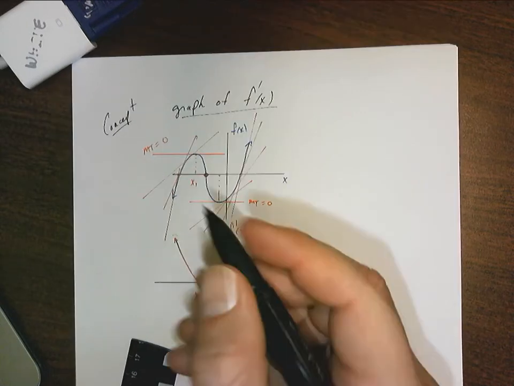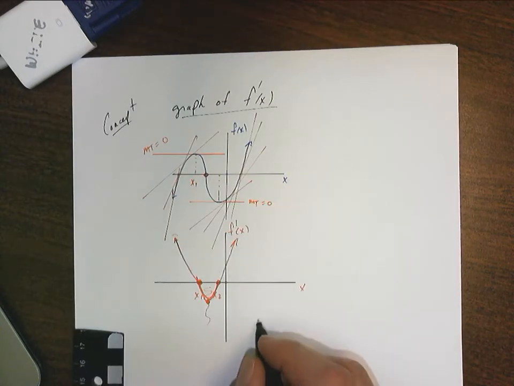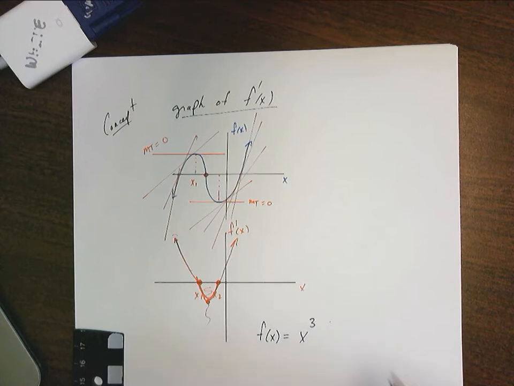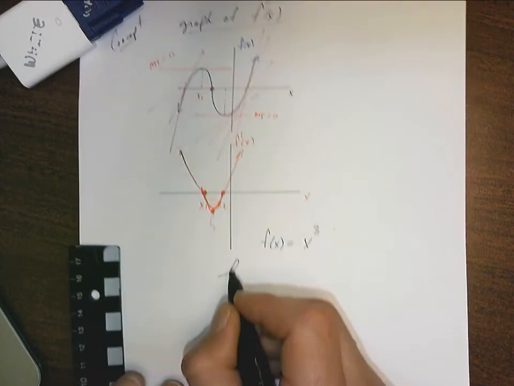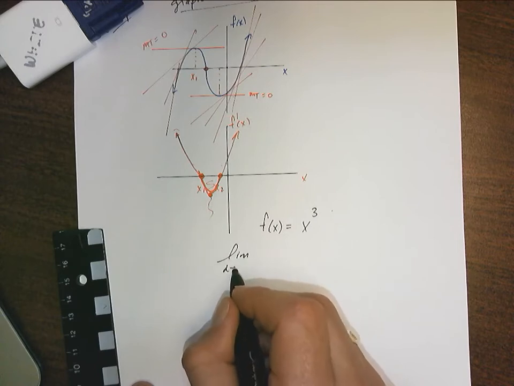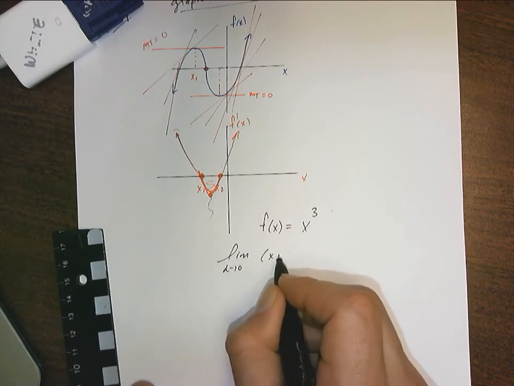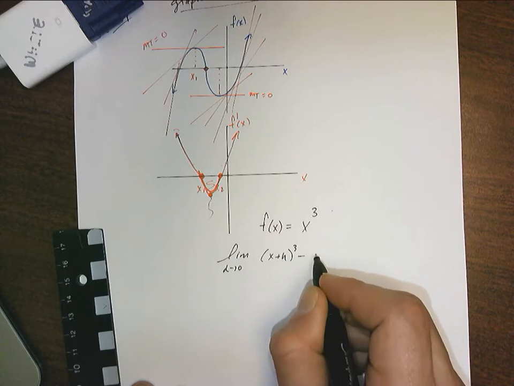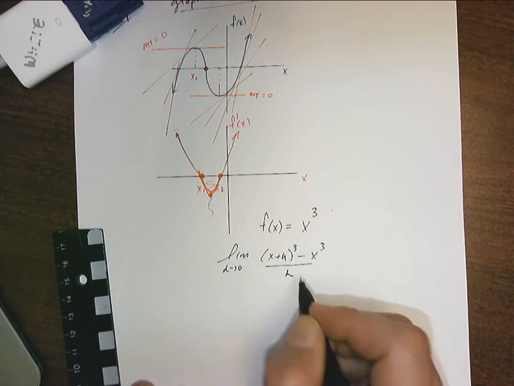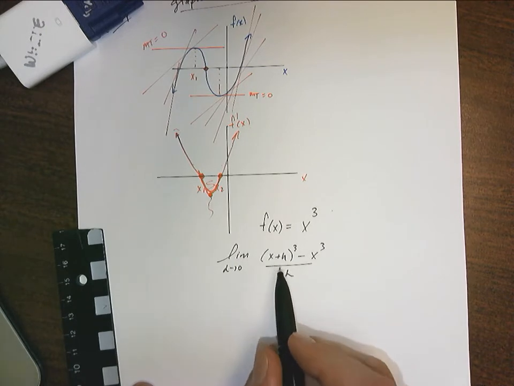Let's pretend, now this isn't what this one is, but let's pretend that this curve was f of x equals x cubed. So the derivative would be given by the limit as h approaches 0 of (x plus h) cubed minus x cubed over h. Okay, so I've got a bit of work to do.